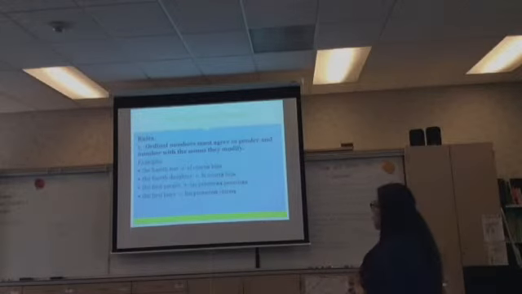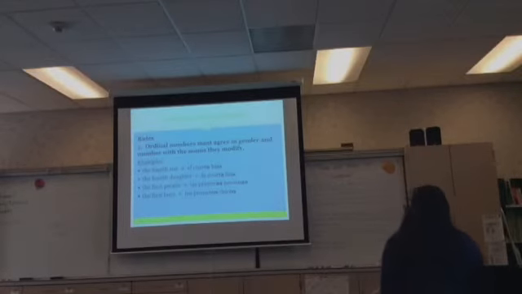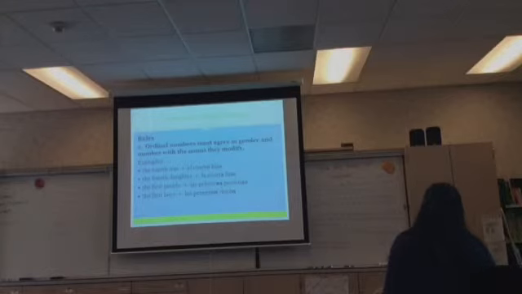So the first rule, like a lot of our rules have been, is that they need to agree in gender and number. So if we're talking about the fourth son, we have cuarto right here. And we're talking about son, we're dealing with masculine singular noun.